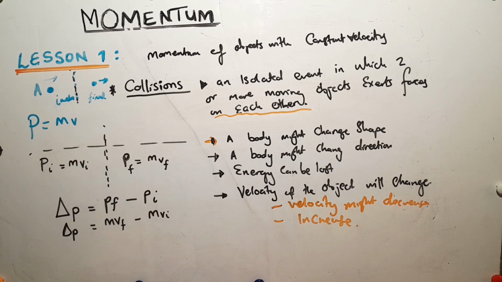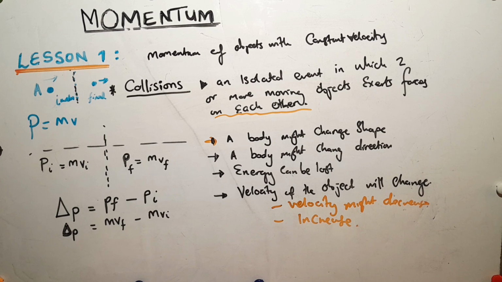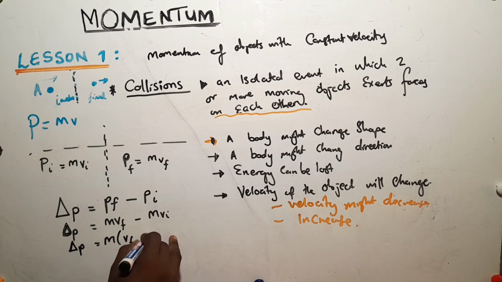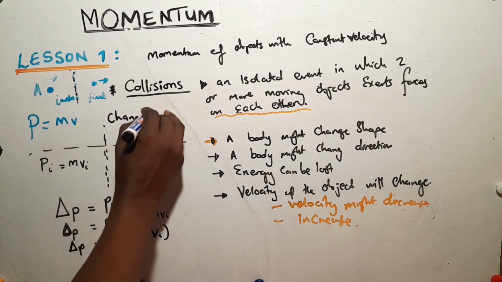Now we assume that the mass of the object didn't change. The mass of the object remained the same. So the change in momentum will simply be mass times final velocity minus initial velocity. This is how we can find the change in momentum of an object. So now we are on change in momentum.